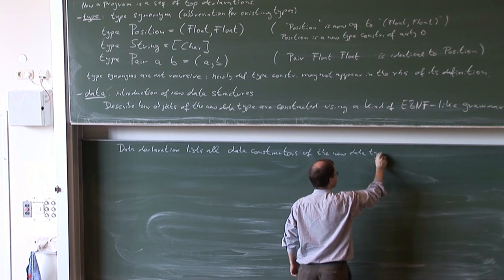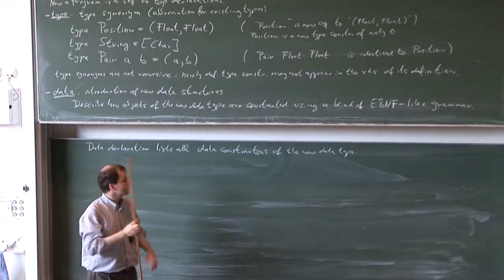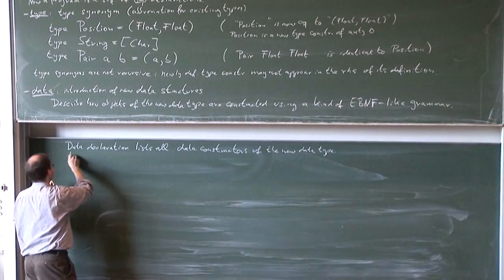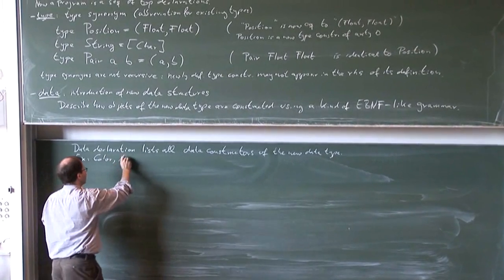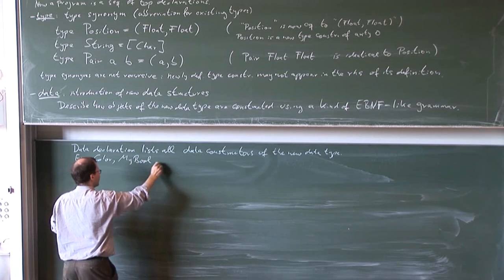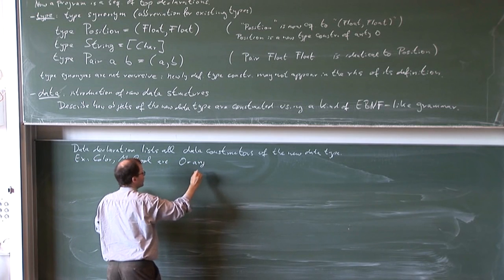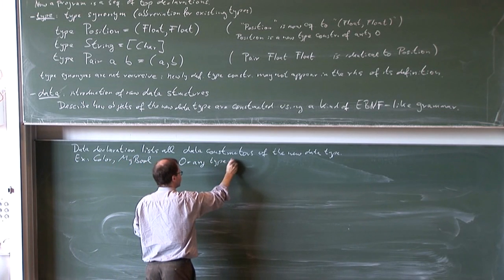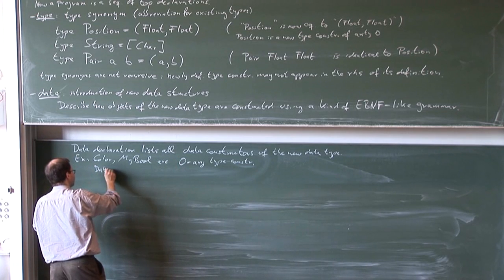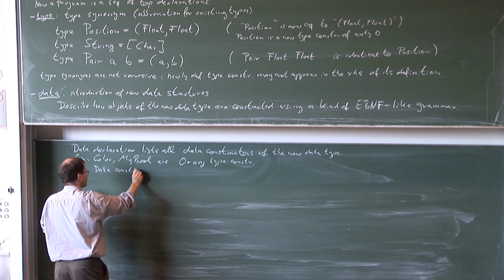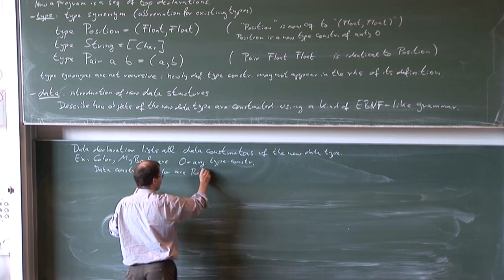And so in our example, color, and also the next example, myBool, are new zero array, so arity 0 type constructors, and the data constructors of color are red, yellow, and green.